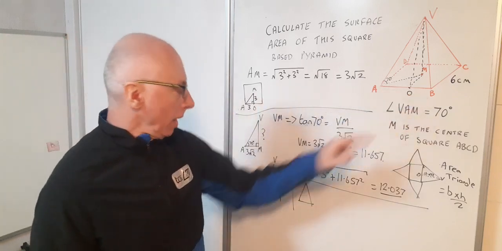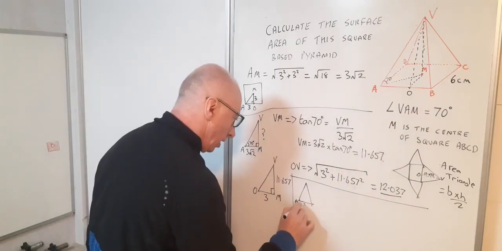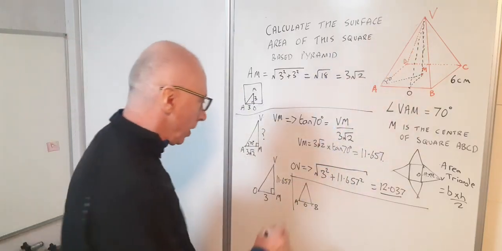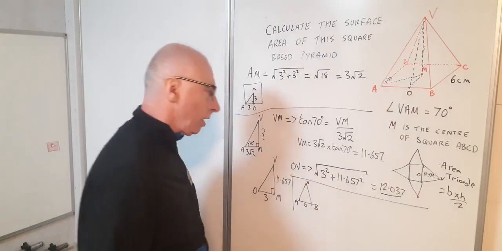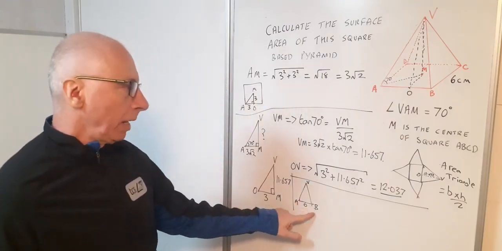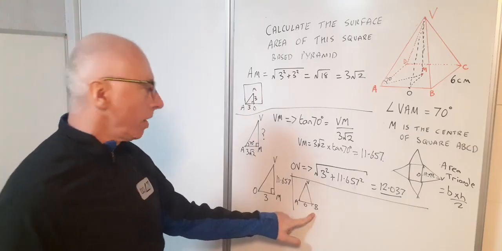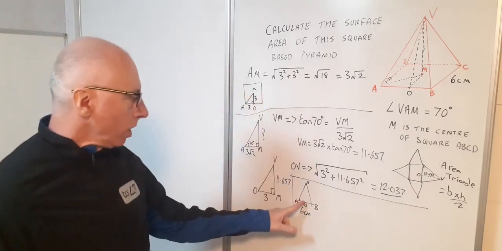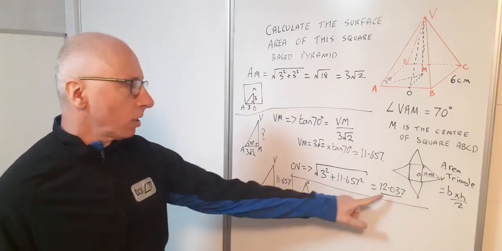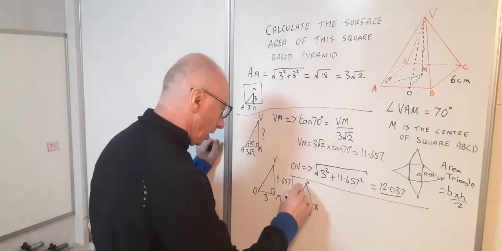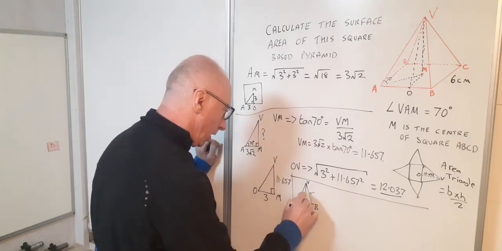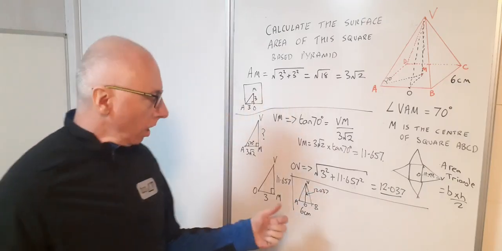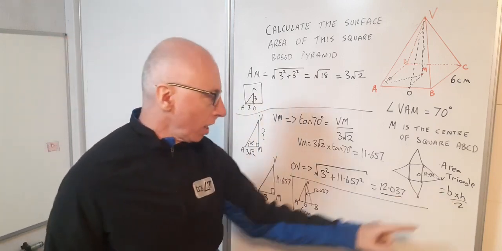So AOB, and then the vertex is V. Now we know AOB, we know the length of that straight line there is 6 centimetres, and we know the slant height is 12.037. So this side here, if I just point a line there, so we now use our area of a triangle formula, base times height over 2.